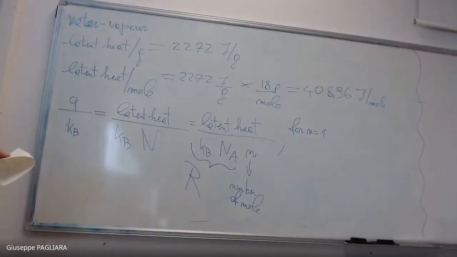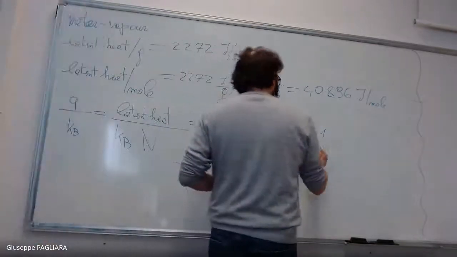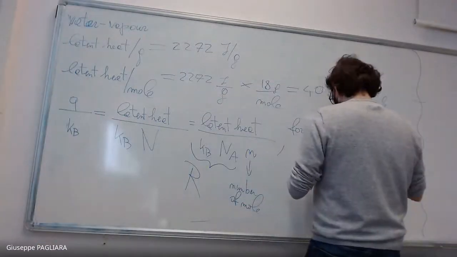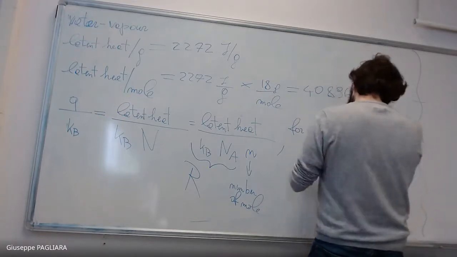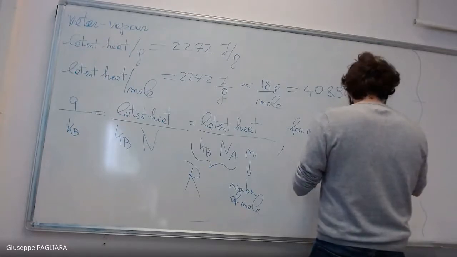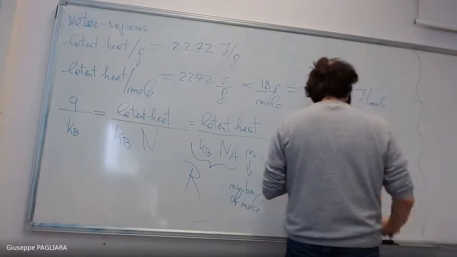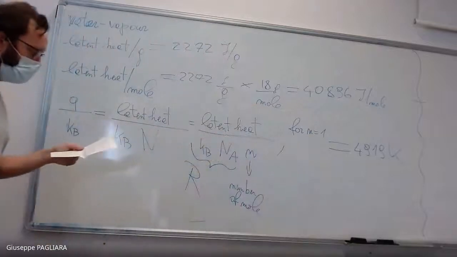And now for N equal 1, this number is 4919 Kelvin.